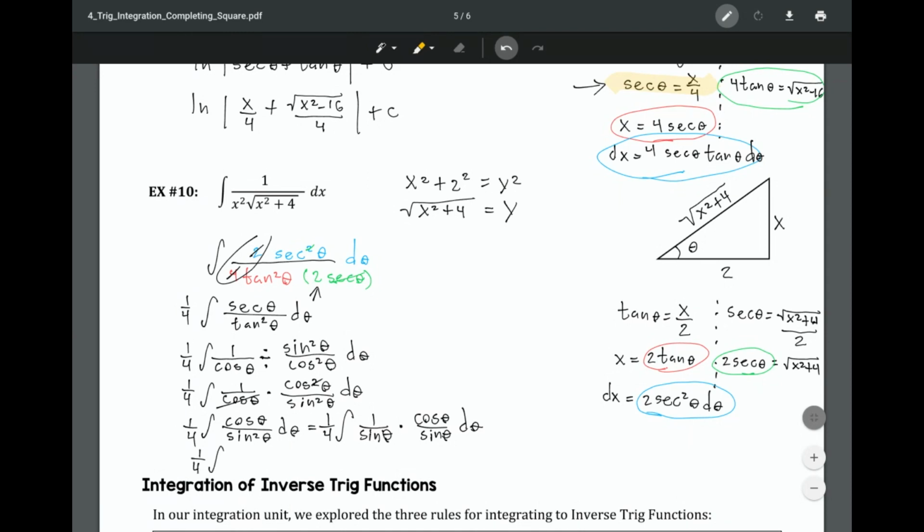See, 1 over sine is cosecant, and cosine over sine is cotangent. So I'm going to write it as cotangent cosecant.